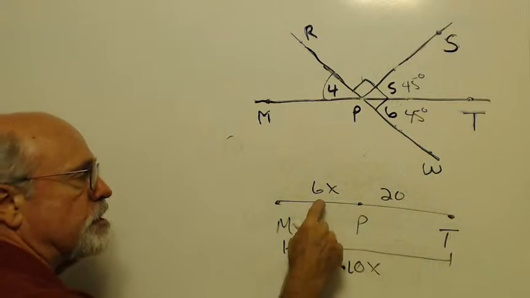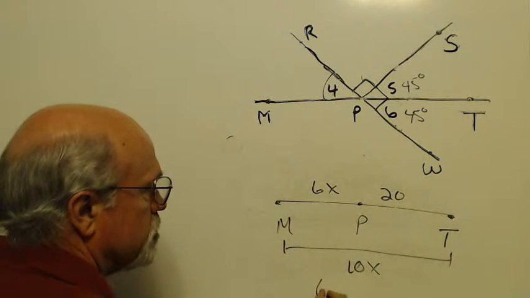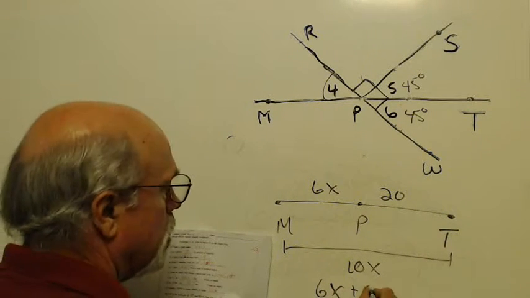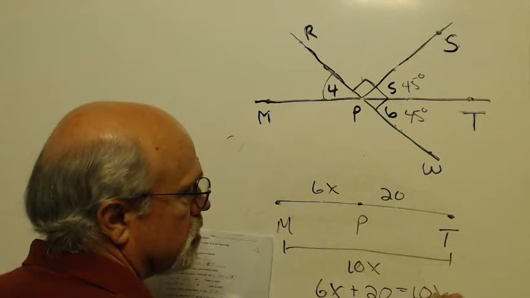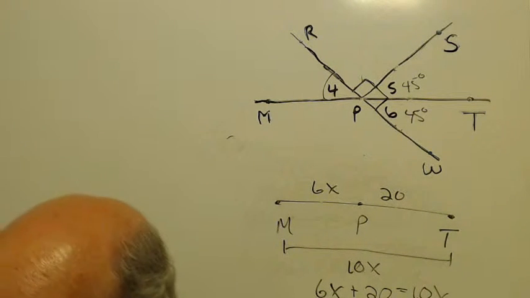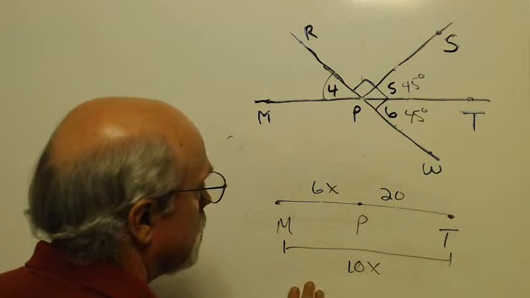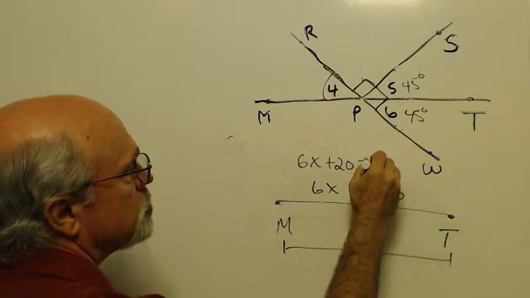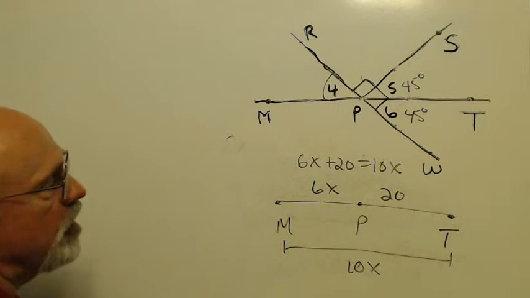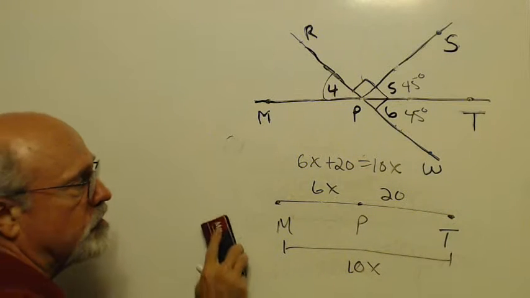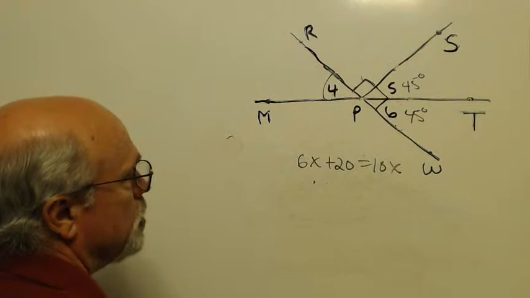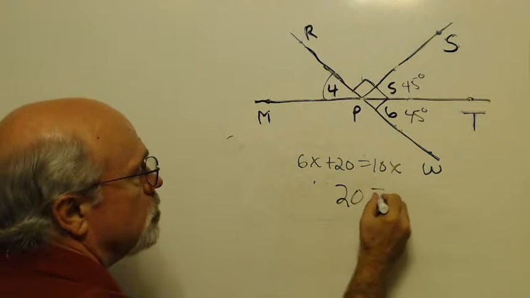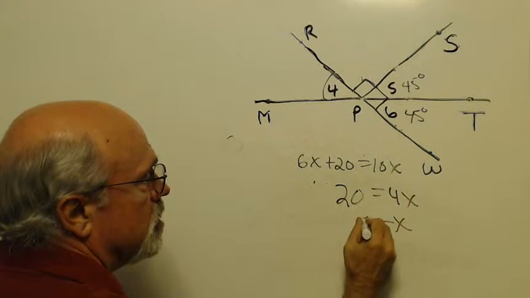Well, what we would know then is the two parts have to add up to the whole thing, so that's 6x plus 20 equals 10x. That's almost off the screen, so I'll write it up here. 6x plus 20 equals 10x. So now that we've got our equation, we can solve. If I subtract the 6x from both sides, 20 equals 4x, x equals 5.